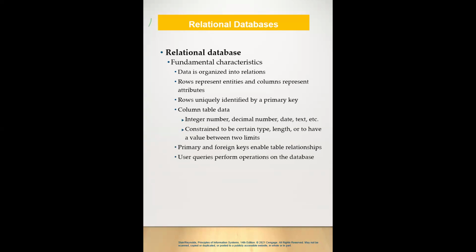All right, so the rows, which are the table or the entities, are uniquely identified by a primary key. So in every database table, there must be what we call a primary key, which is a unique identifier. Something that can uniquely identify this person as a staff, as a student, as a passenger, or whatever within the database.